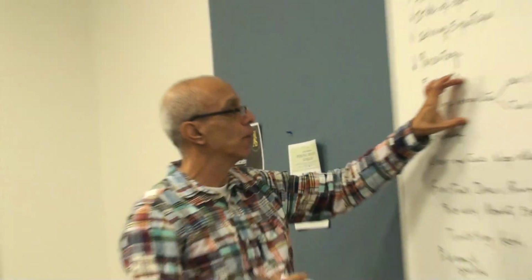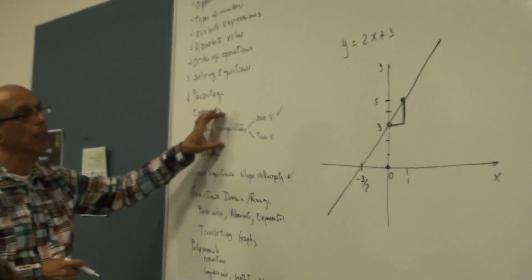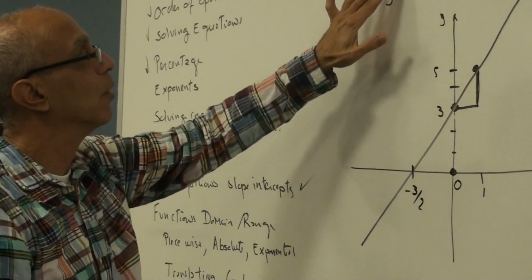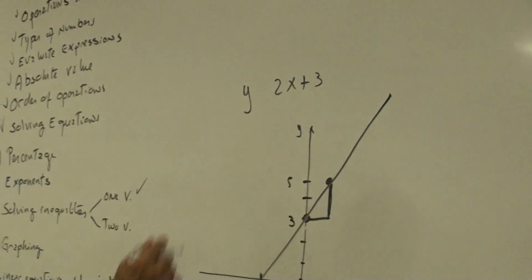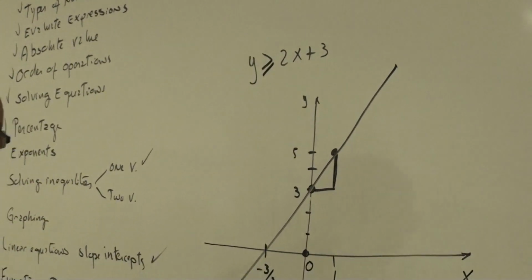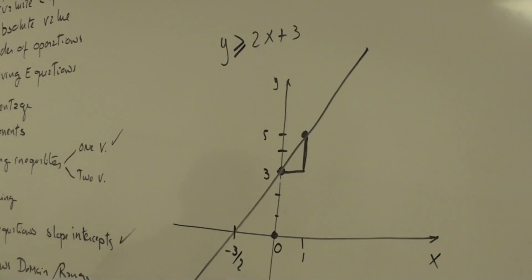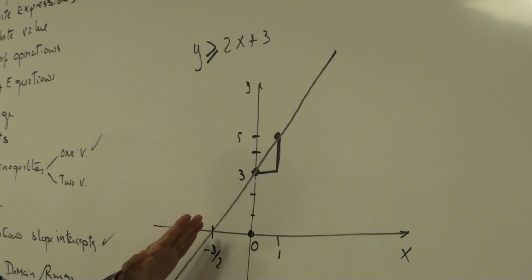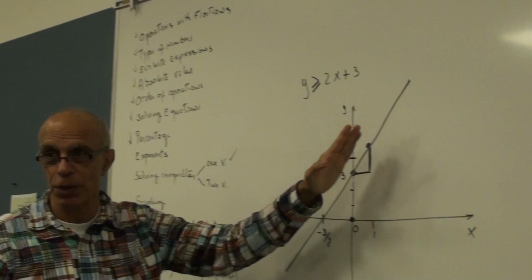Now let's go back to inequalities. All right. If now instead of the equal sign here, I have written greater or equal. Okay, greater or equal. So if it's equal, the line is part of the solution.